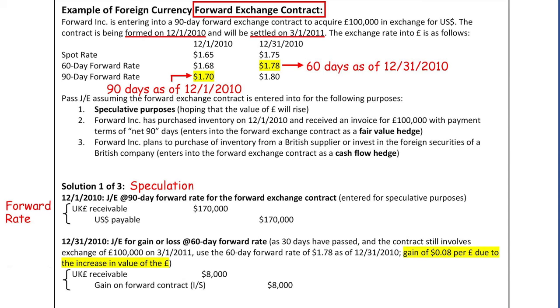And again, we're looking at forward rate. So on 1st December, we looked at the 90-day forward rate. On 31st December, we're looking at the 60-day forward rate. And on the credit side, highlight gain, and the $8,000 gain that goes into the I/S, income statement.